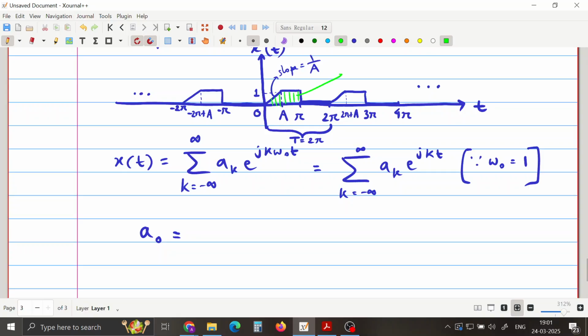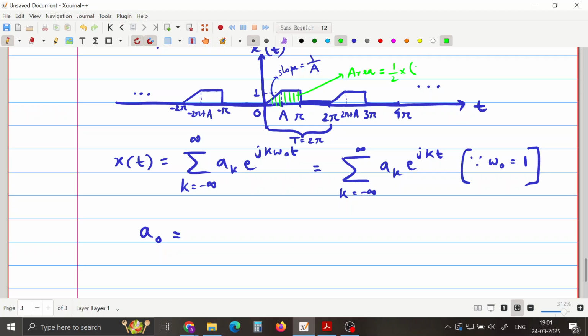So its area is, the area for a trapezium is given by half into the sum of parallel sides into the distance between them. So this is half into the sum of the parallel sides. These are the parallel sides. The shorter parallel side is of length pi minus a, and the longer one is of length pi.